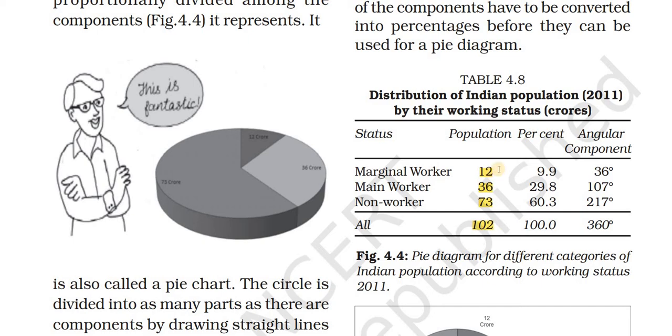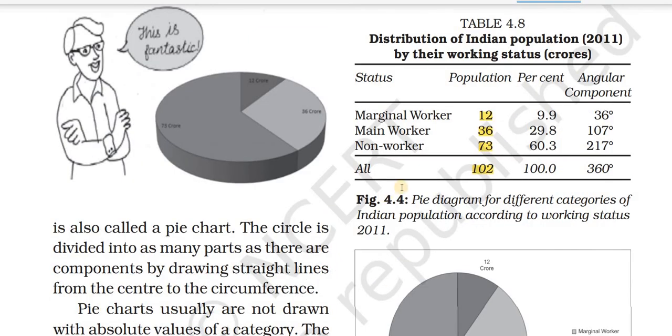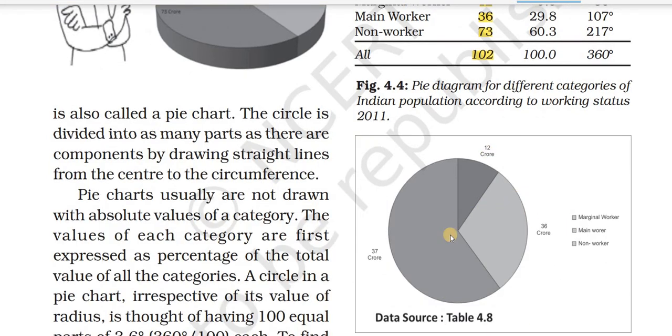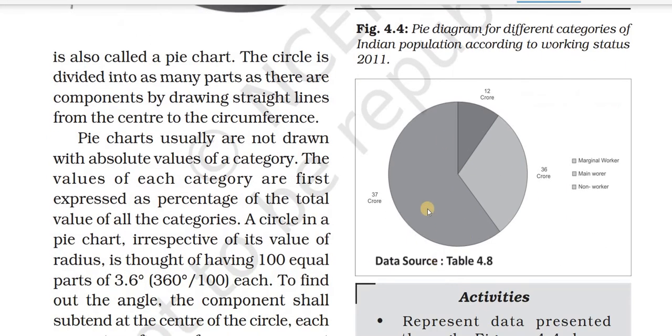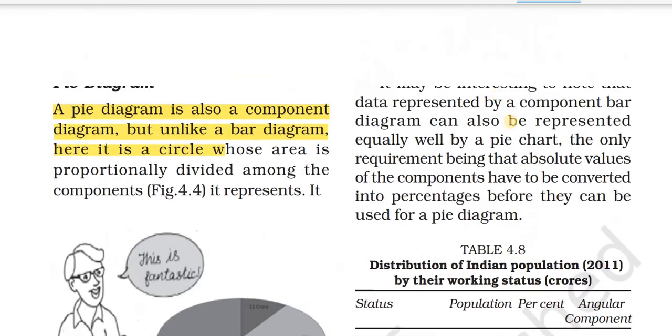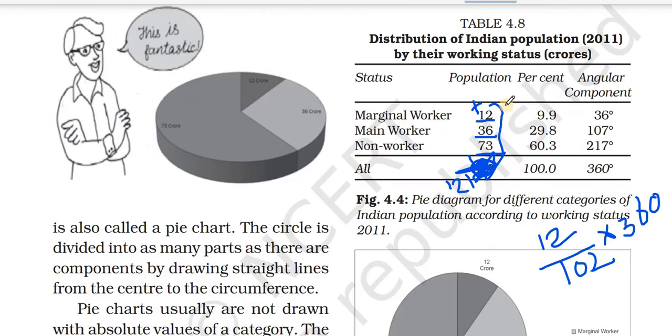We know a circle is 360 degrees. For a pie diagram we need to draw a circle, and that is the reason we multiply by 360.